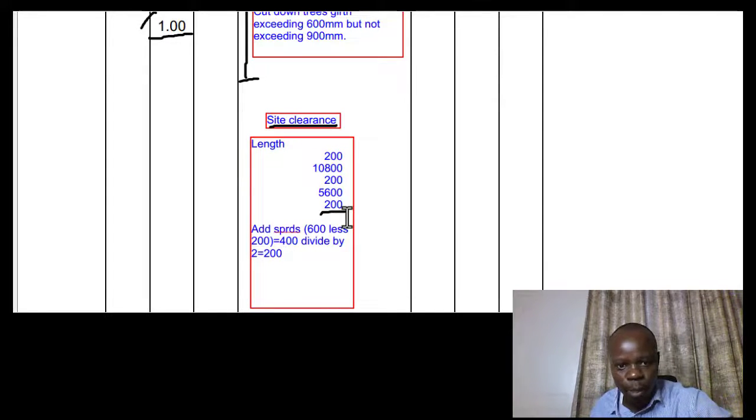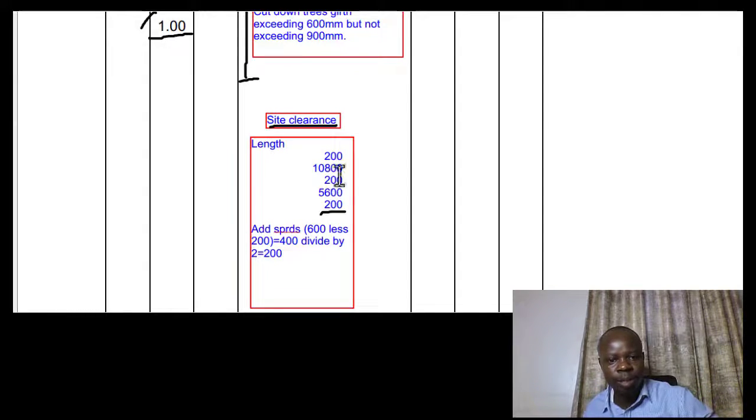So we'll add 200 plus 10,800, that is 11,000. 11,200 plus 5,600. So you just add that straight away as you can. 11,000 plus 200 plus 5,600 plus 200.